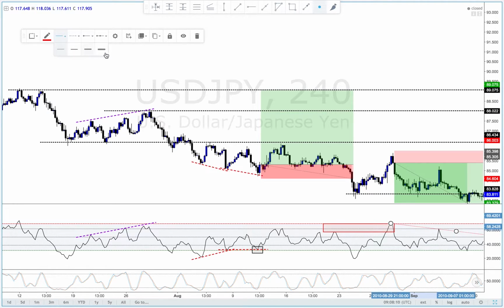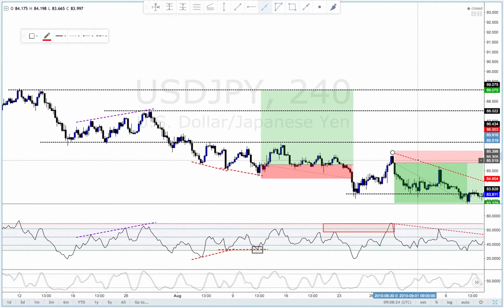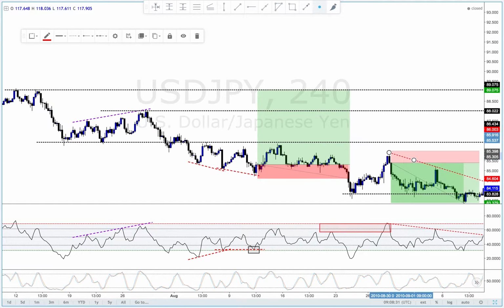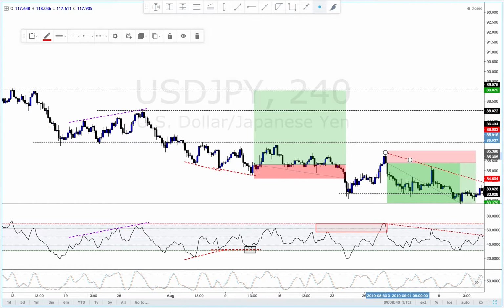That line a little bigger. Okay, so we can also put a trend line here, and let's see how these 2 trend lines come together. Okay, RSI crosses, price turns down, RSI turns down. Let's stay in the trade.